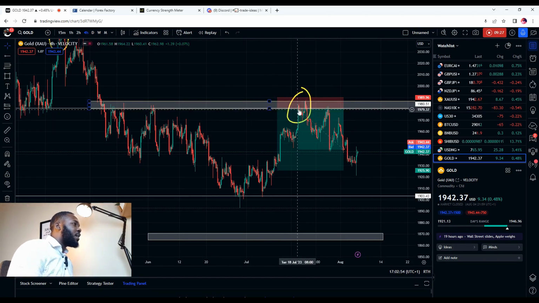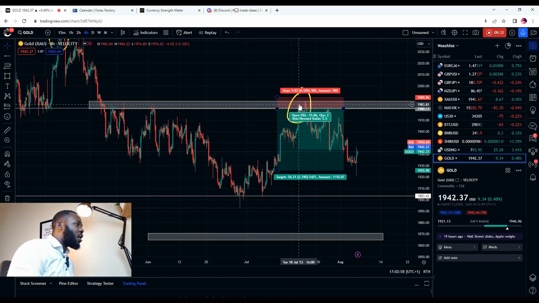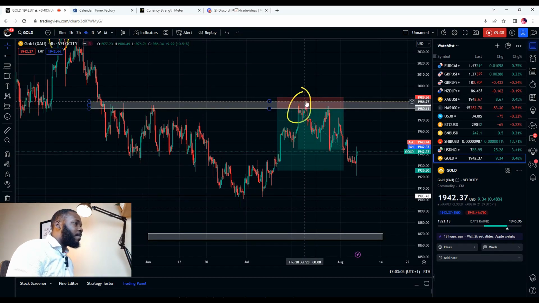You can see, it hit your order, made a little candle to the up, came back down inside your profit zone, went back up. If you're using a horizontal line, you're going to be out of the market already. Went back up to this place. It looks like it's going up, it's breaking out, but it's not breaking out. That is market manipulation right there.